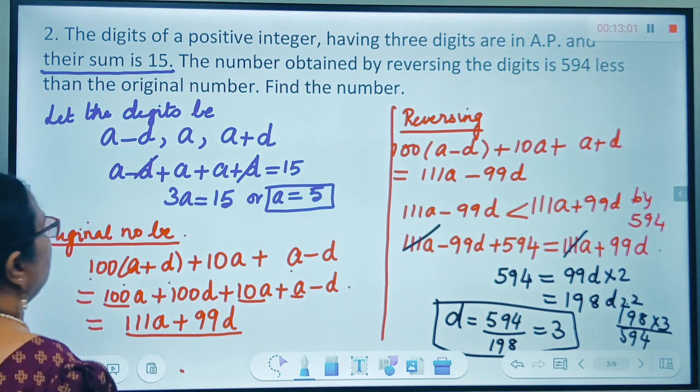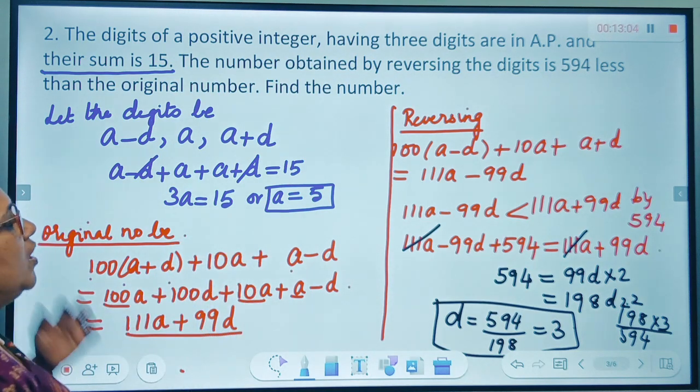So d is 3 and a is 5. So what will be the number?